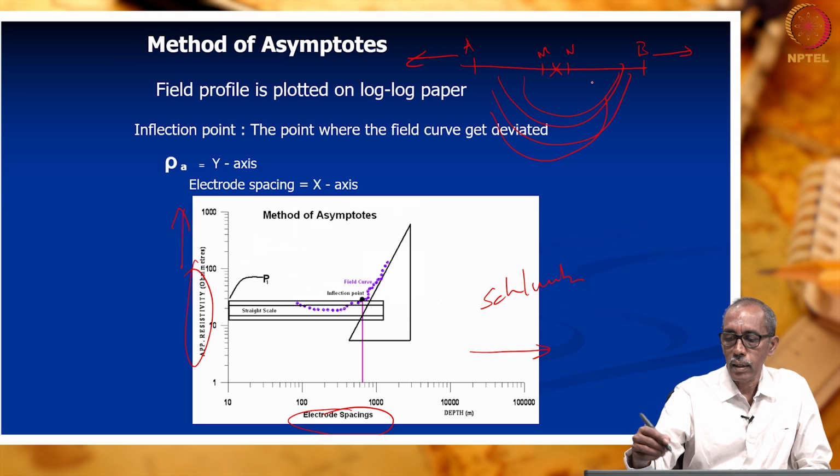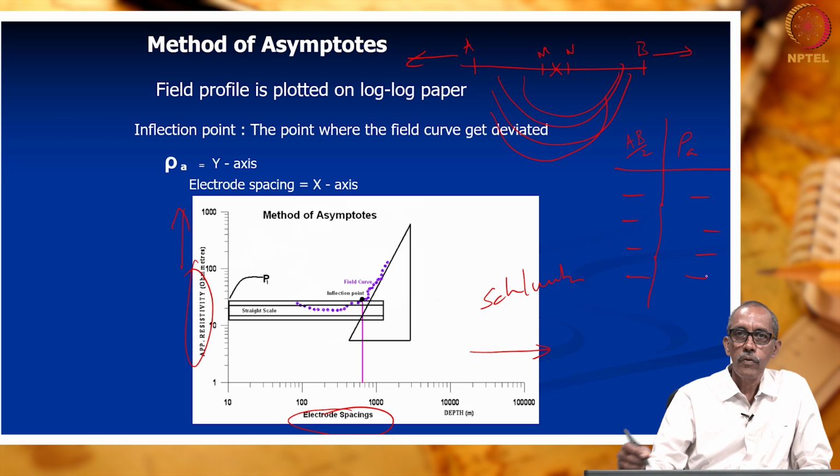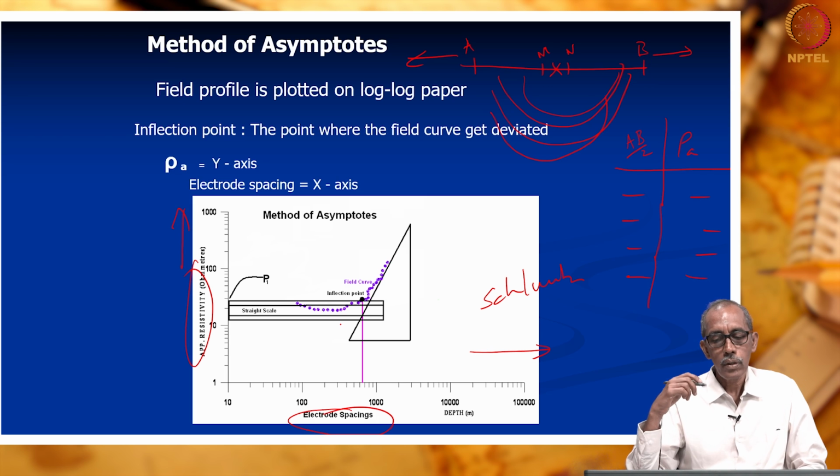And then for the corresponding arrangement, we measure the value of apparent resistivity. So, we got the data of AB by 2 versus apparent resistivity. This is the data we have obtained during the field work. So, we are plotting AB by 2 versus rho A as seen in this diagram.